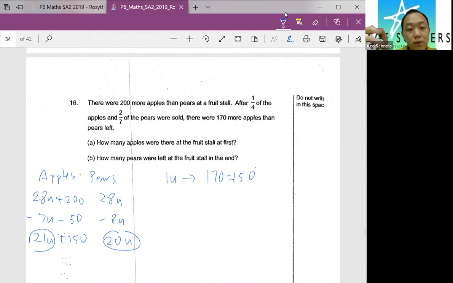So if you find the difference, which is 1 unit, it is 170 more. So by right it is supposed to have 170 more, but over here you only have 150 more. So the additional 20 is actually 1 unit. Yeah. So 20 represents 1 unit. So how many apples were there at the fruit store at first? So 28U will be 28 times 20.